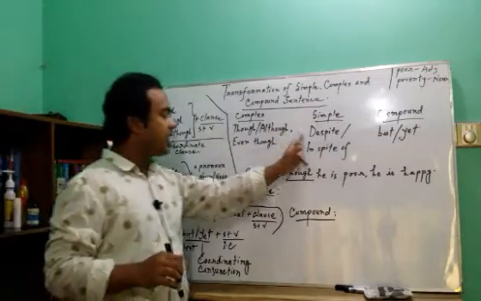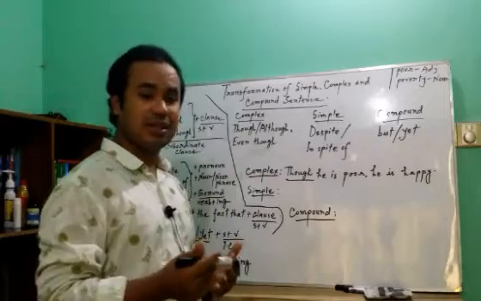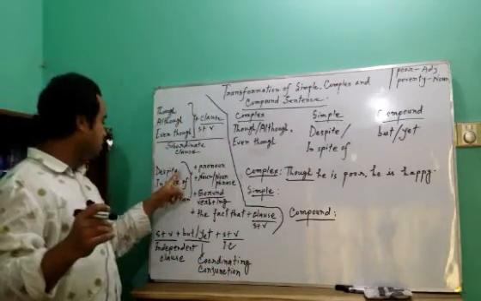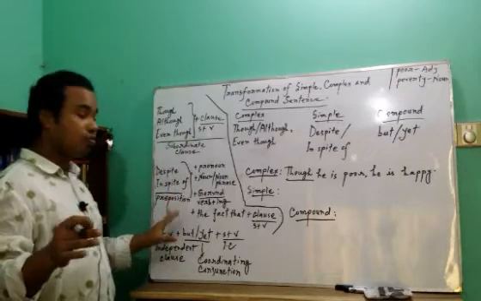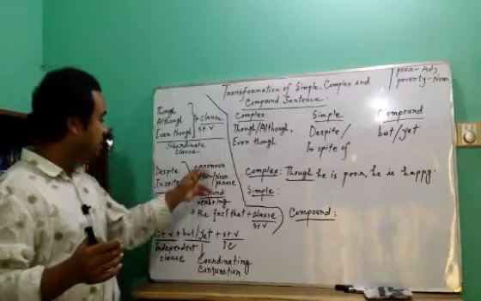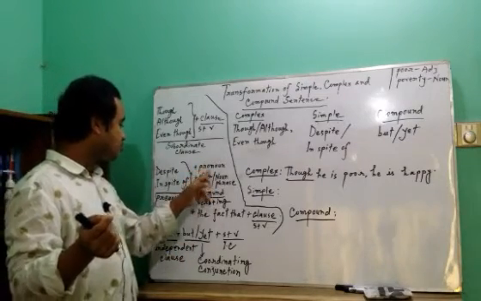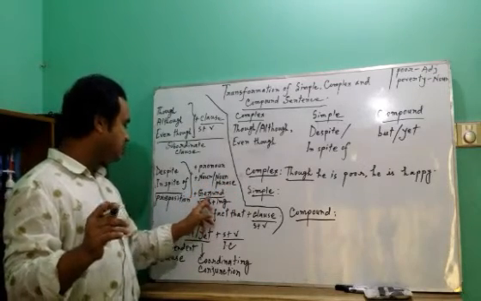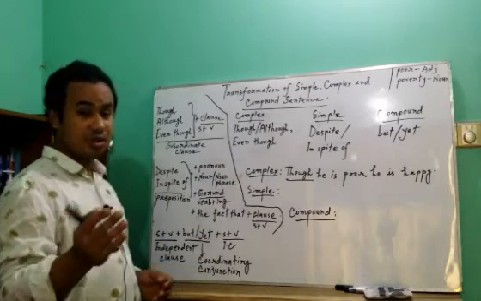Then, despite or in spite of are prepositions, not conjunctions. After despite or in spite of, we use either a pronoun or a noun phrase based on the context, or a gerund, which means verb plus ing. When do we use a gerund?